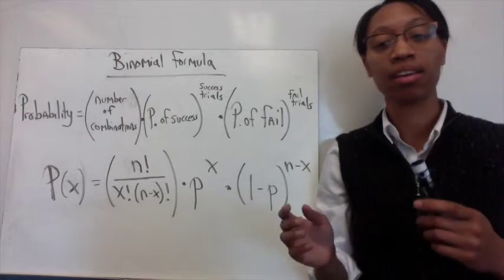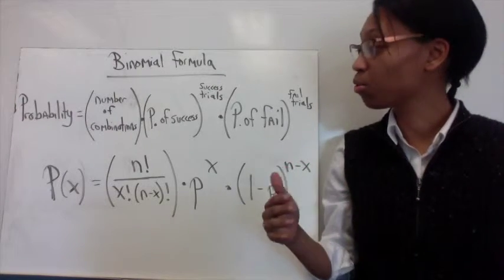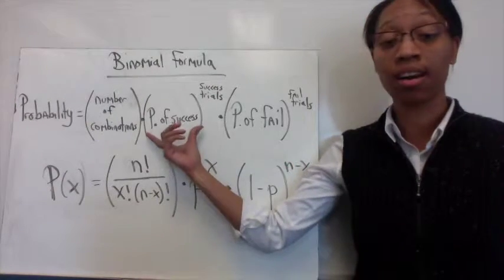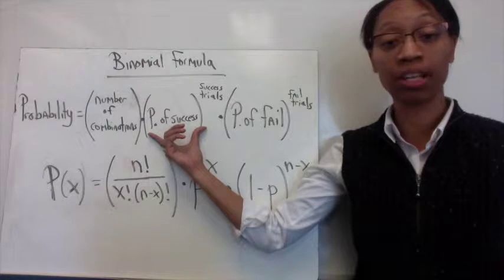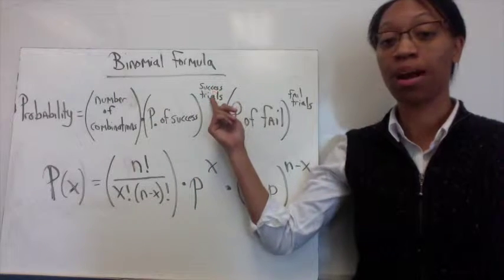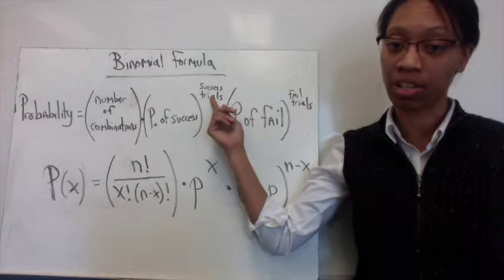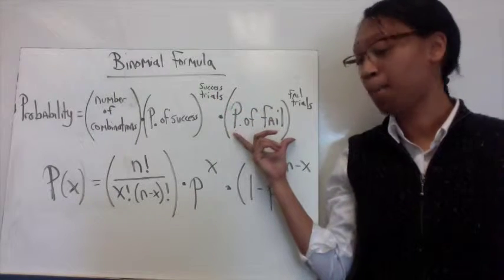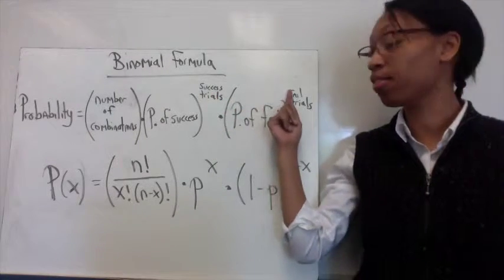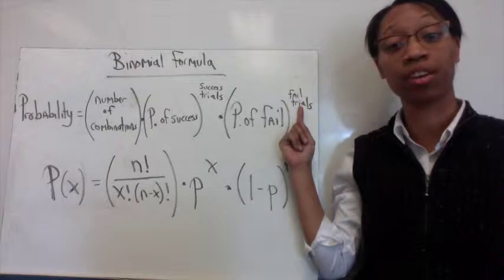Do I get tails tails? The number of possible combinations of outcomes times the probability of success to the power of the number of times you were successful times the probability of failure to the power of the number of times that you failed.